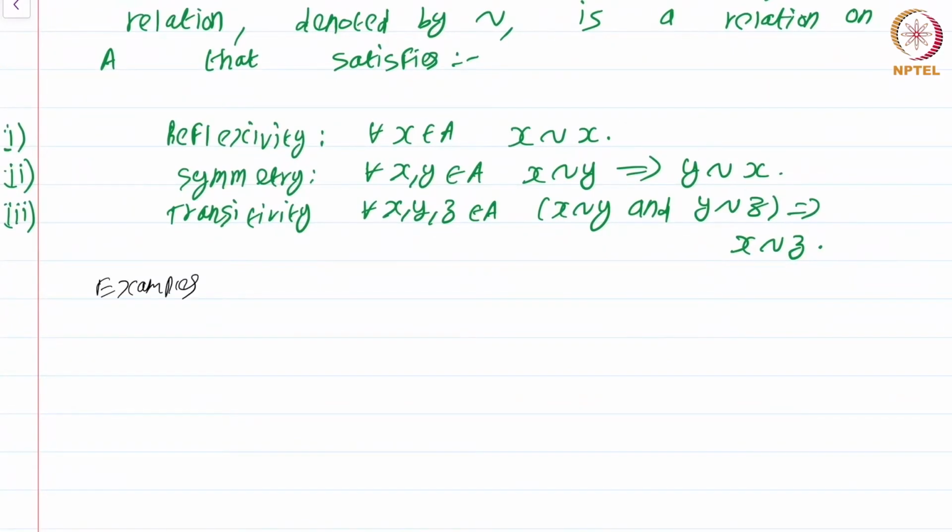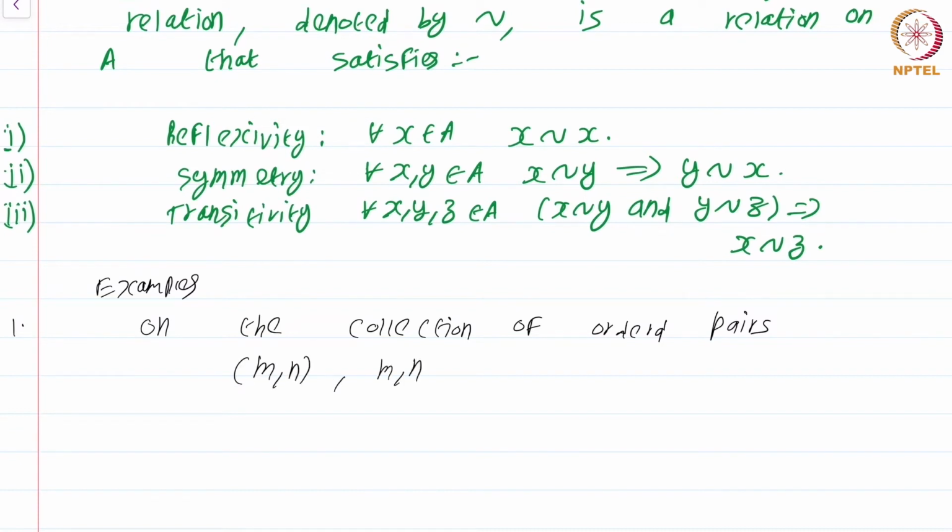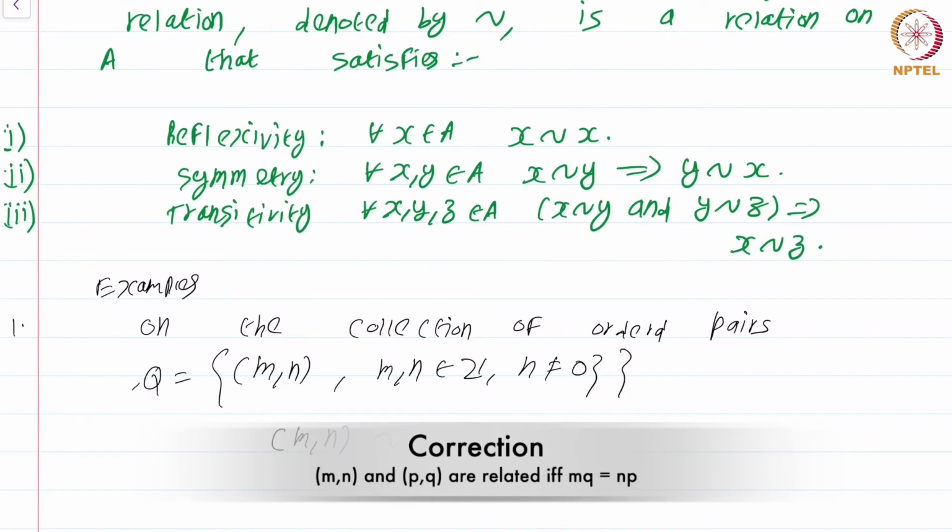Well, the first one is the rational numbers. On the collection of ordered pairs (m, n) in Z, n not equal to 0, which is what we call Q, define a relation that says (m, n) is related to (p, q) if and only if mq is equal to np.